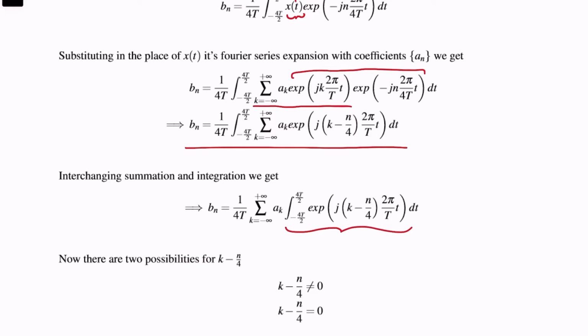So you can clearly see that the only thing relevant with respect to the index is k minus n by 4. Now there are only two possibilities because k ranges over all integers. k minus n by 4 can only have two possibilities. That is, it's not equal to 0 or it's equal to 0, depending on the value of n, right?